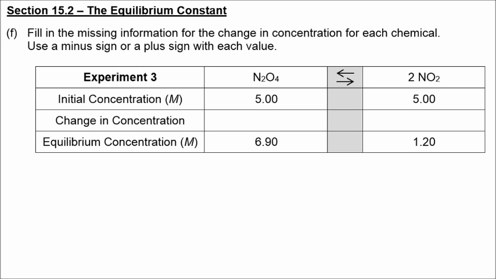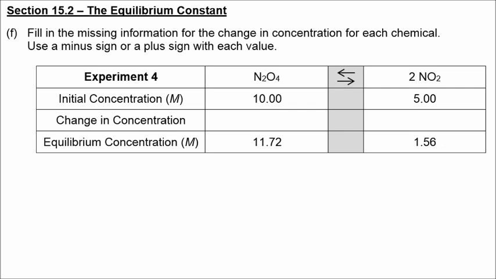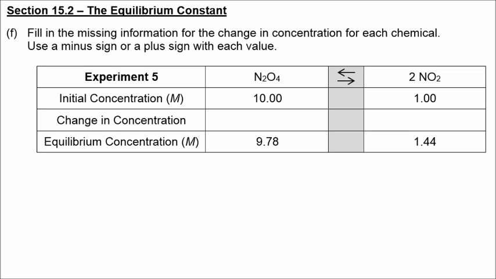Experiment 3, N2O4 increases by 1.9, NO2 decreases by 3.8. Experiment 4, N2O4 increases by 1.72, NO2 decreases by 3.44. And then finally, experiment 5, N2O4 decreases by 0.22, NO2 increases by 0.44.